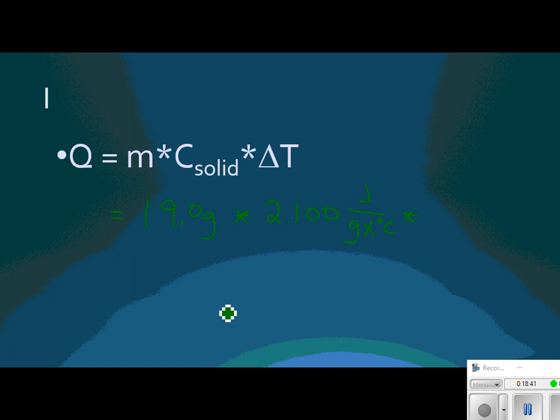Okay. Now, the last thing I have to find is I have to find delta T. So when I do that, I'm going to do this down here in the corner. Delta T is equal to the T final minus the T initial.